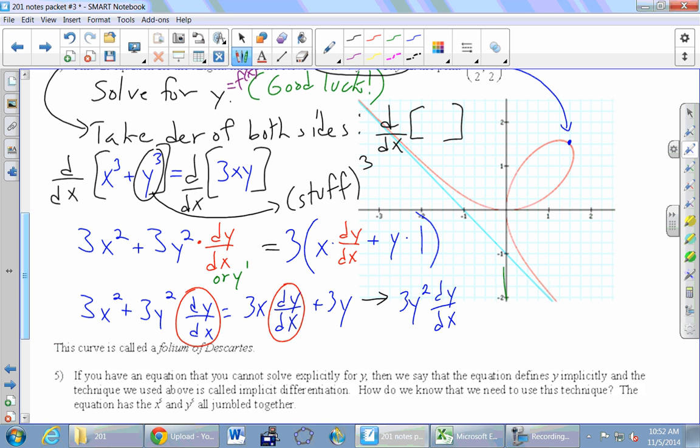I'm going to move the dy dx term from the right-hand side, so it'll go over as a subtract 3x dy dx equals, and everything without dy dx is going to go to the right-hand side, what was already there, the 3y, and then we're going to move the 3x squared from the left to the right by subtracting it.